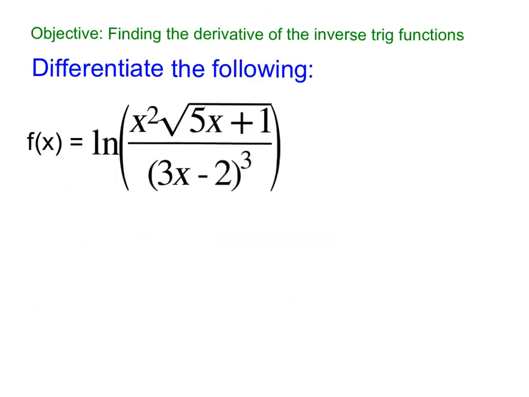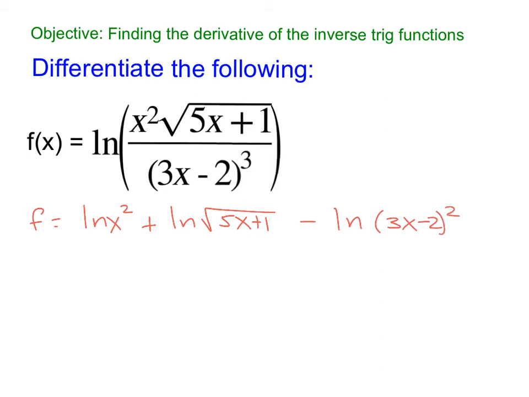All right, same idea. Pause it, try it on your own. So I'm going to rewrite this. This becomes ln of x squared plus ln of the square root of 5x plus 1 minus ln 3x minus 2 cubed.